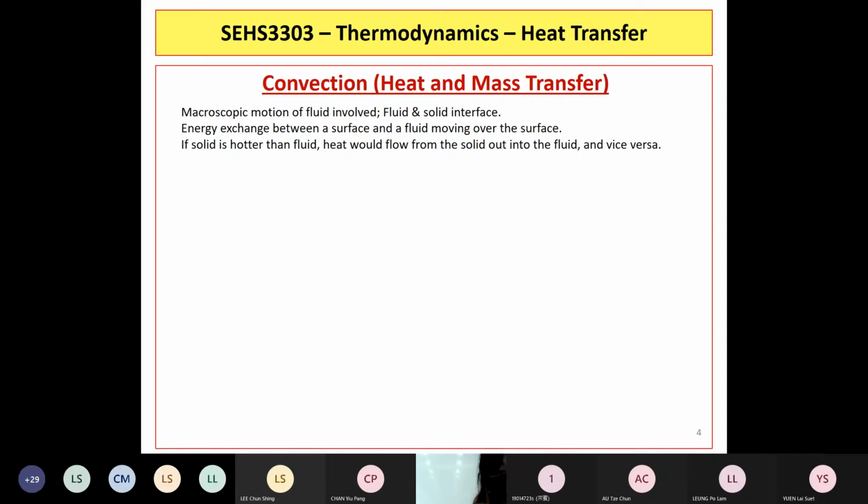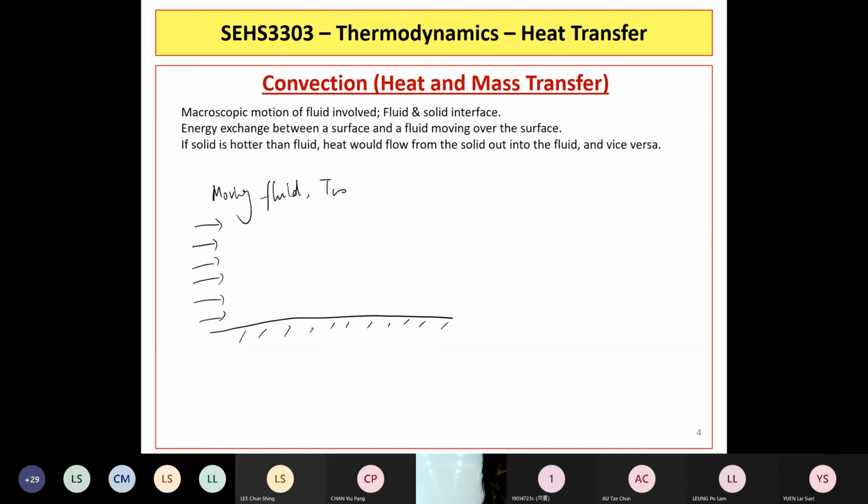I may use a simple example. Let's say we have a solid surface, this is a solid, and in convection, what we have is a moving fluid. Let's say the temperature is T∞. The temperature at this surface is TW.